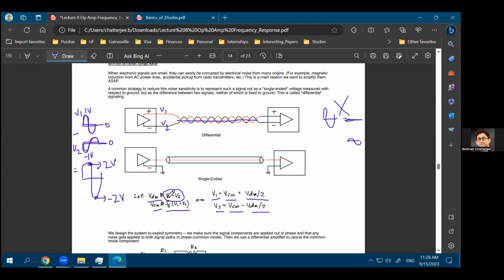So that's where differential signaling is important, and that's why differential signaling is used most of the times whenever you're trying to design a circuit which needs to be accurate and which is very sensitive to environmental variations. You will design a differential circuit instead of a single-ended circuit. And that's the primary reason, that you want to get rid of the noise, you want to get rid of the interference, which are common mode to each of the inputs.